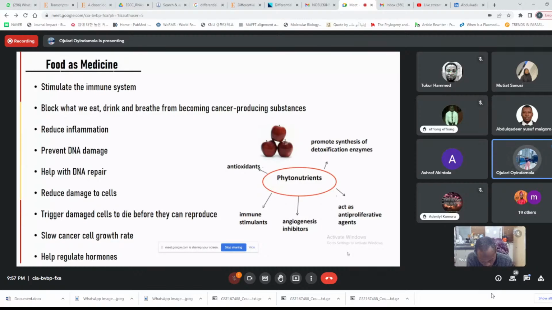And if the cells are at a stage where they cannot be stopped or killed at that time, they can only grow. Then sometimes what the food will do is help you to slow the rate at which these cells grow. Also, food does a lot in regulation of our hormones, especially with women.